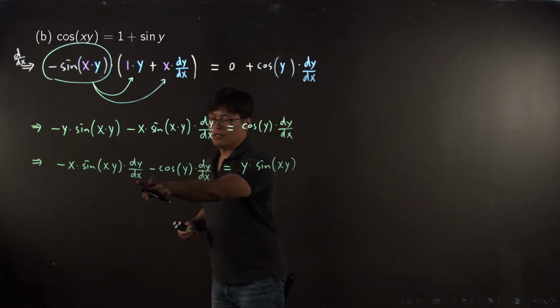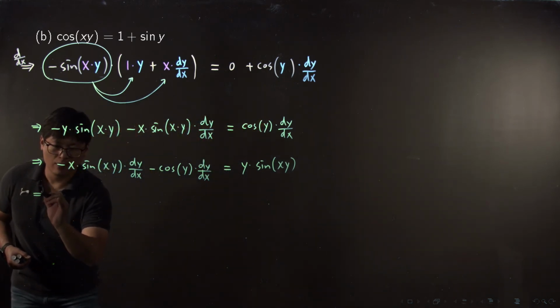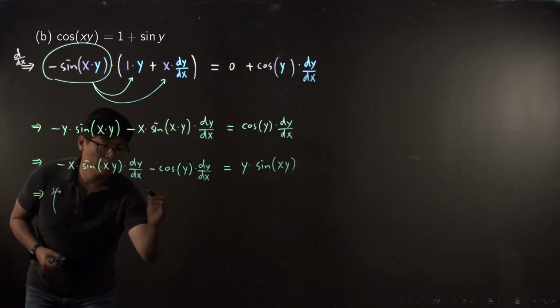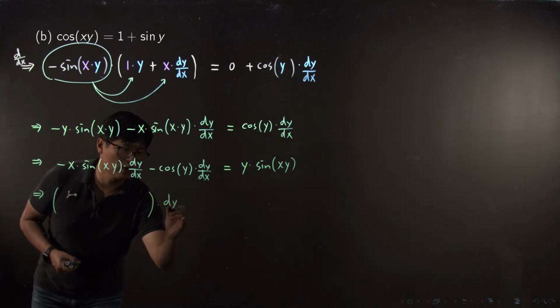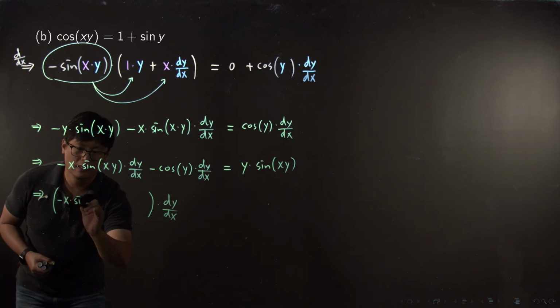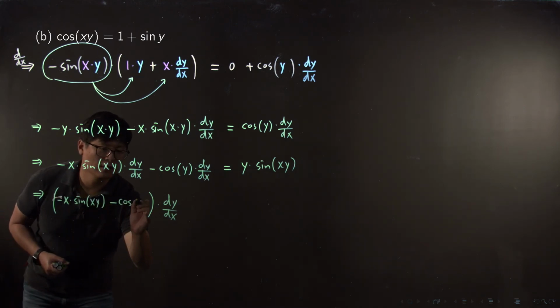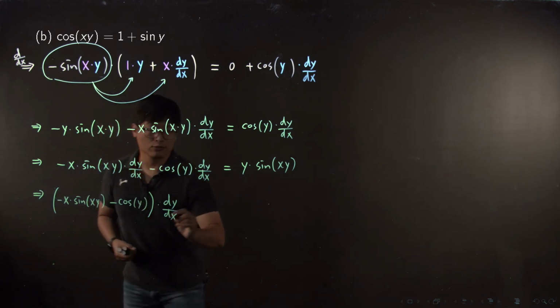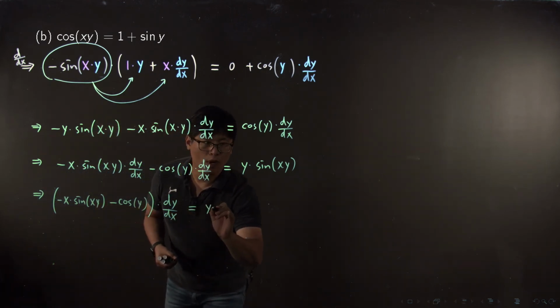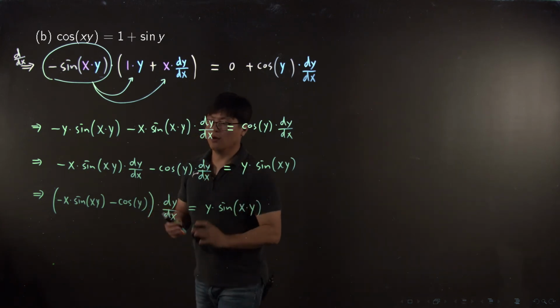Almost there. Now let's pull out the common factor, dy dx. This can be written with big parentheses with dy dx. You know what I'm saying, right? And the remaining part: minus x sine xy minus cosine of y is equal to y times sine of xy. Almost there.